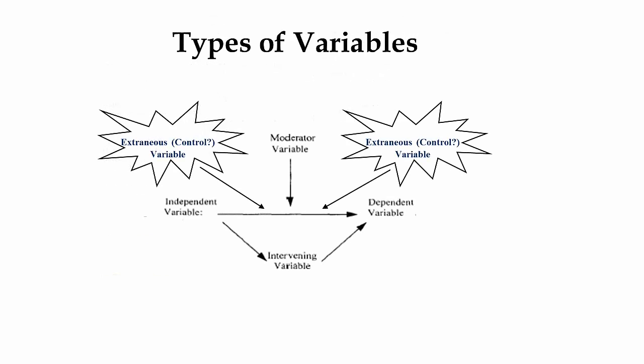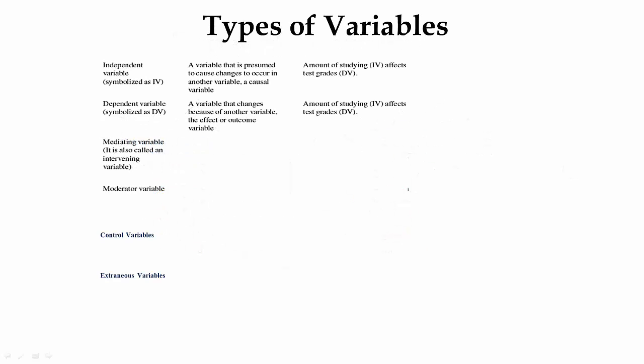Now, have a quick look at this diagram here. Try to focus only on those aspects of the diagram marked in red. So, amount of studying affecting exam performance. Then you could have a mediating variable, one which comes in between other variables.